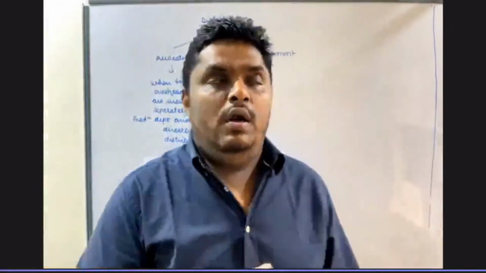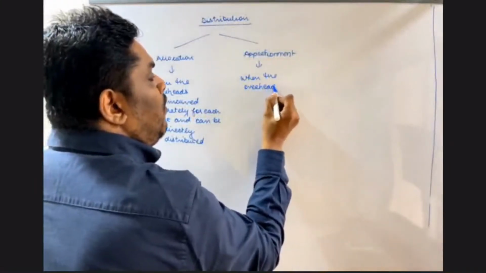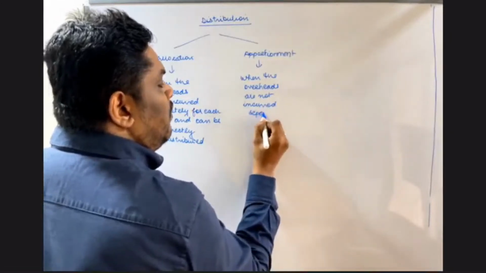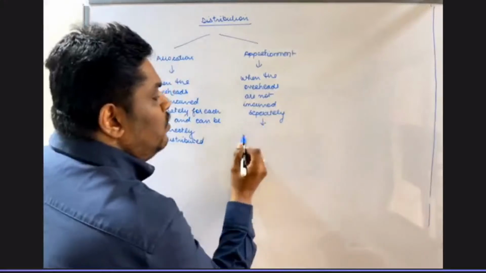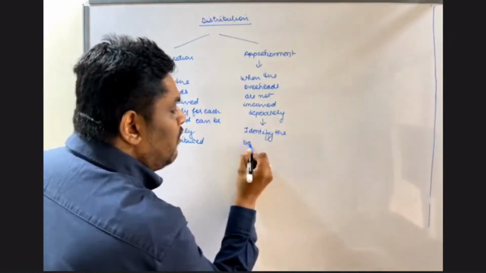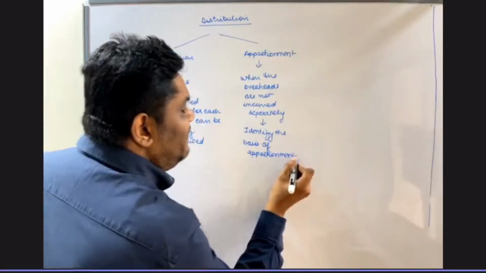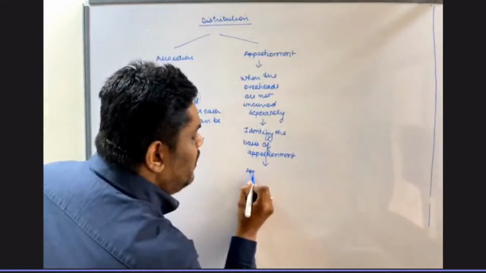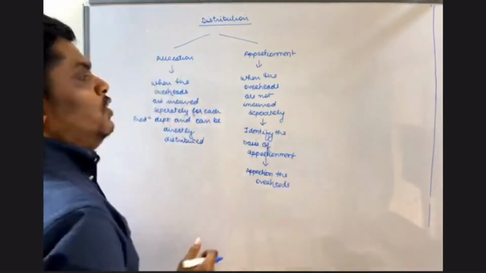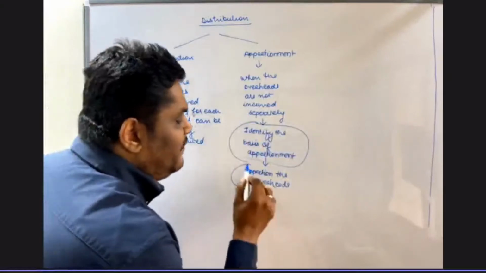When the overheads are incurred as a whole, when the overheads are not incurred separately, then we need to identify the basis of apportionment and then we apportion the overhead.